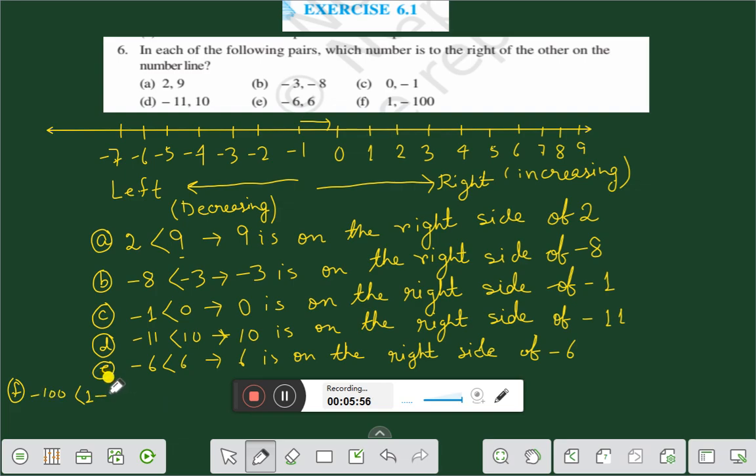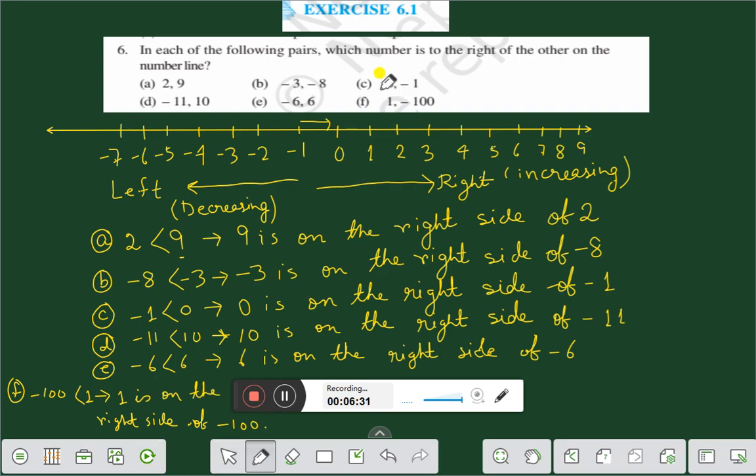Therefore, you can say that 1 is on the right side of minus 100, right? This is the solution of question number 6.